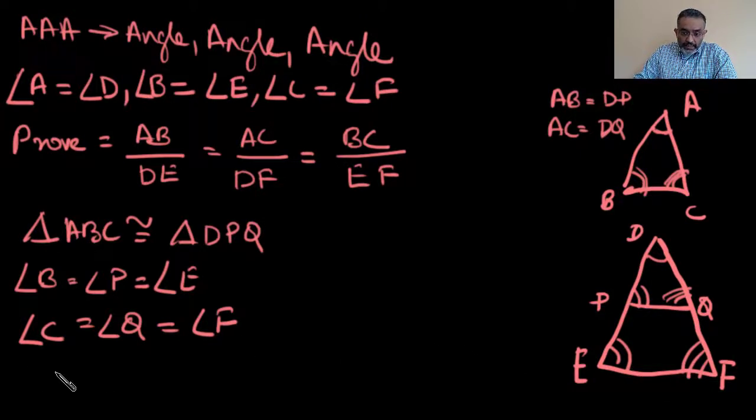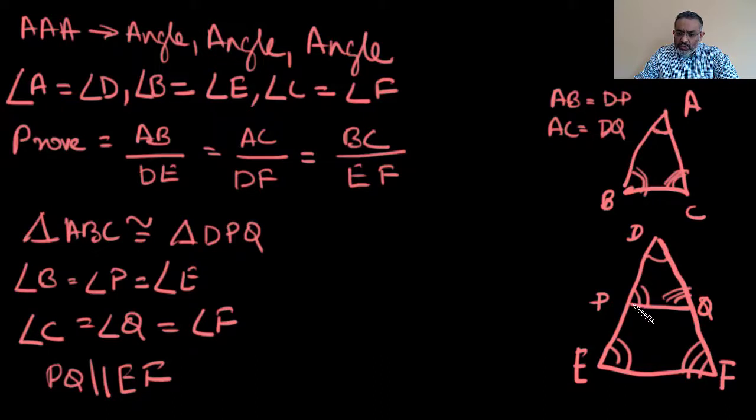Let's write that down: PQ is running in parallel to EF. Now this helps us a lot because we can apply the basic proportionality theorem to these two triangles and show the proportionality of the sides.